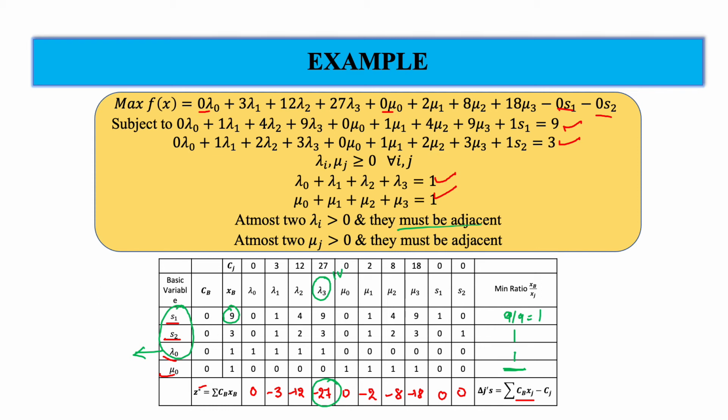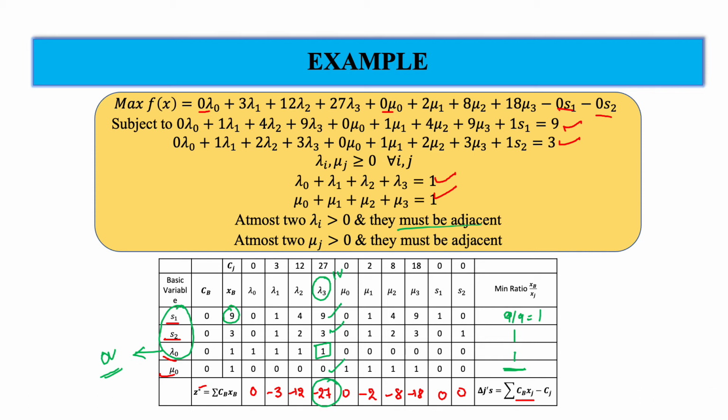So lambda naught is my outgoing variable, because if it's leaving, only then can lambda 3 come. Otherwise lambda 3 and lambda 2 would not be adjacent, so that's not possible. And this one is the pivot element. We make the other elements in the pivot column 0, and the pivot element remains 1. It's already 1, so we don't have to change it.